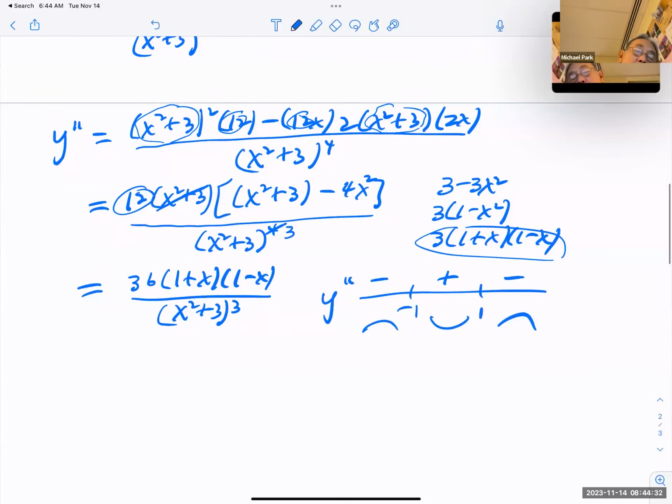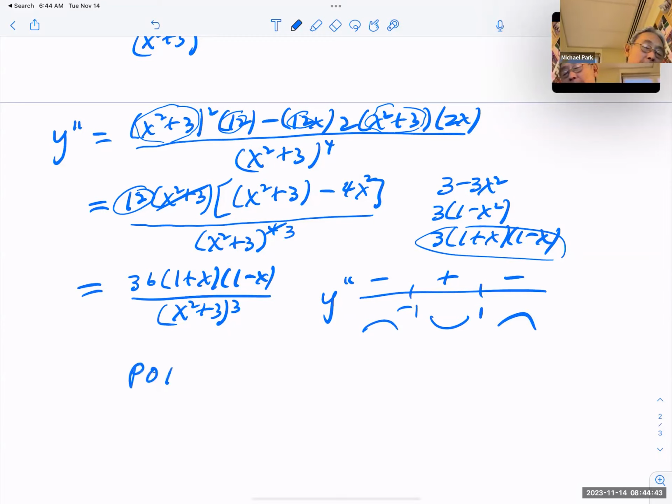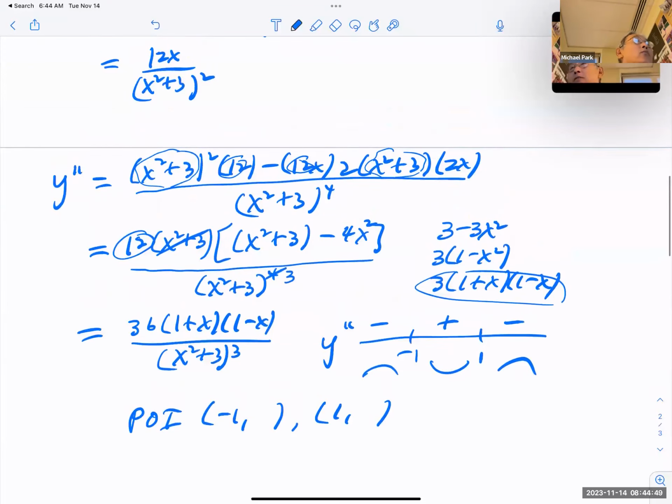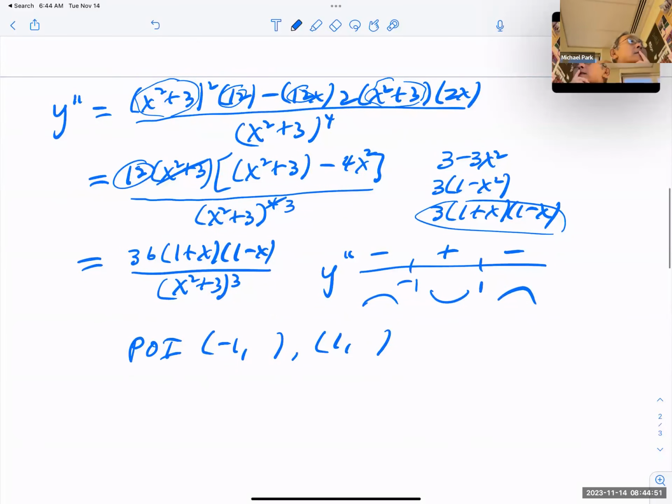So you have 2 points of inflection at -1 and 1 because y double prime changes sign. And it just says find all the points of inflection. So points of inflection would be -1, something and 1, something. And then you have to plug it back into the original function. So let's do that.